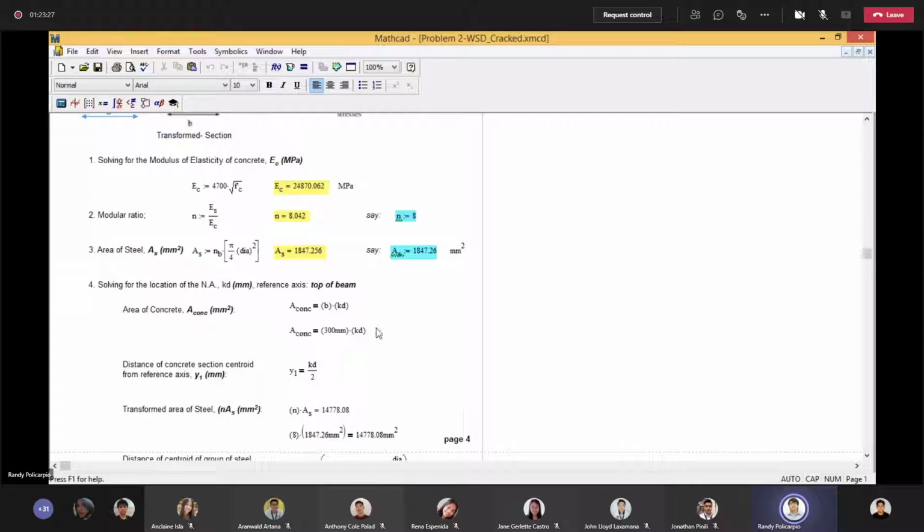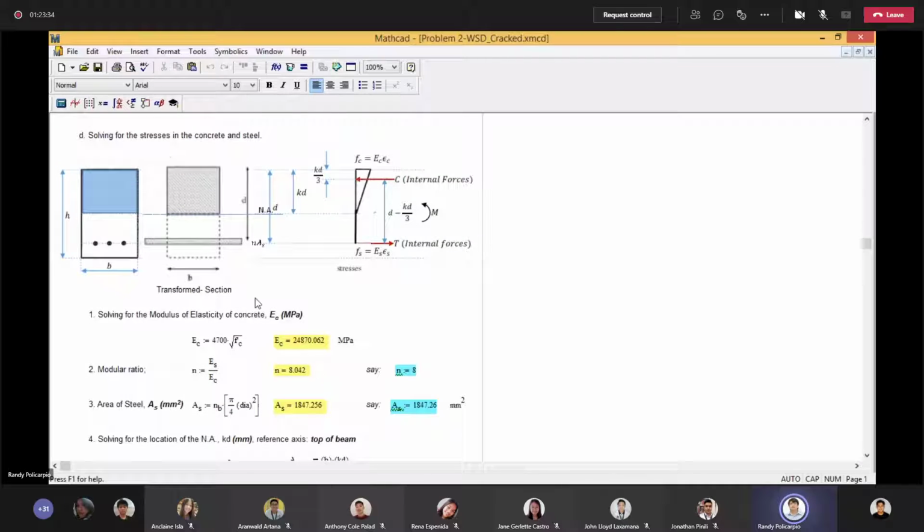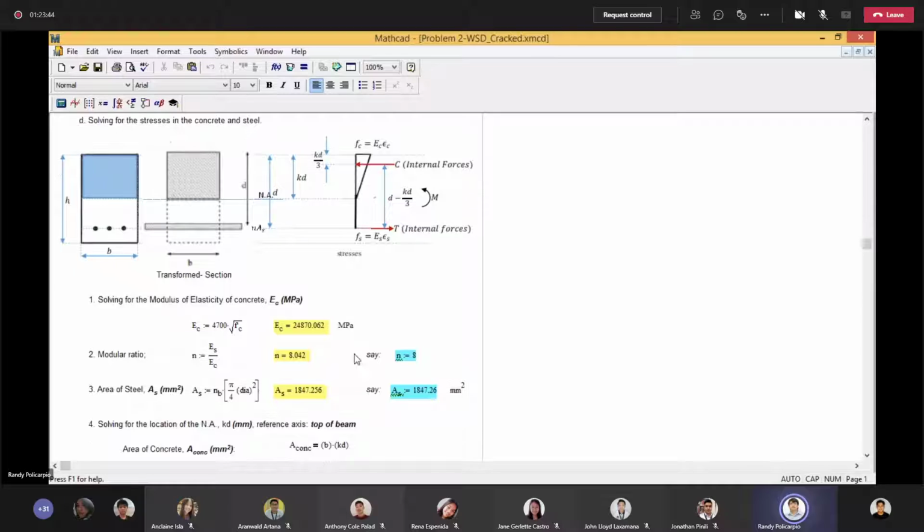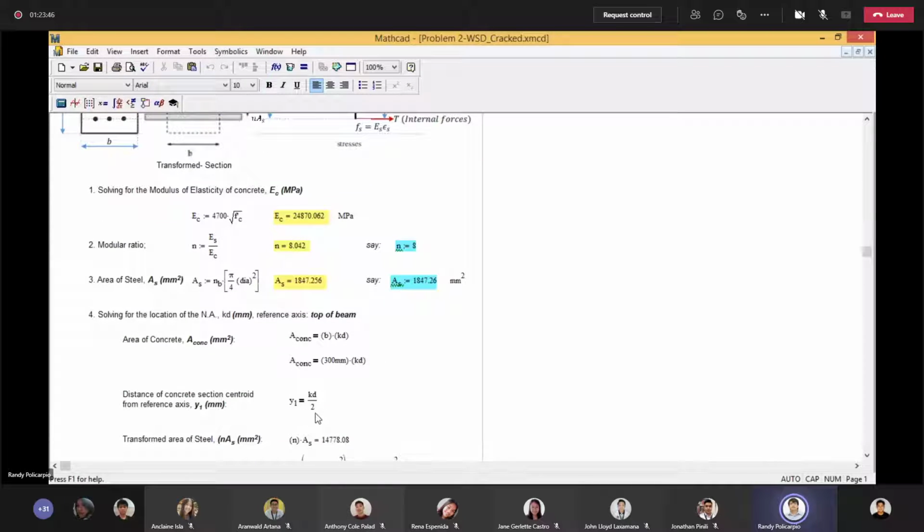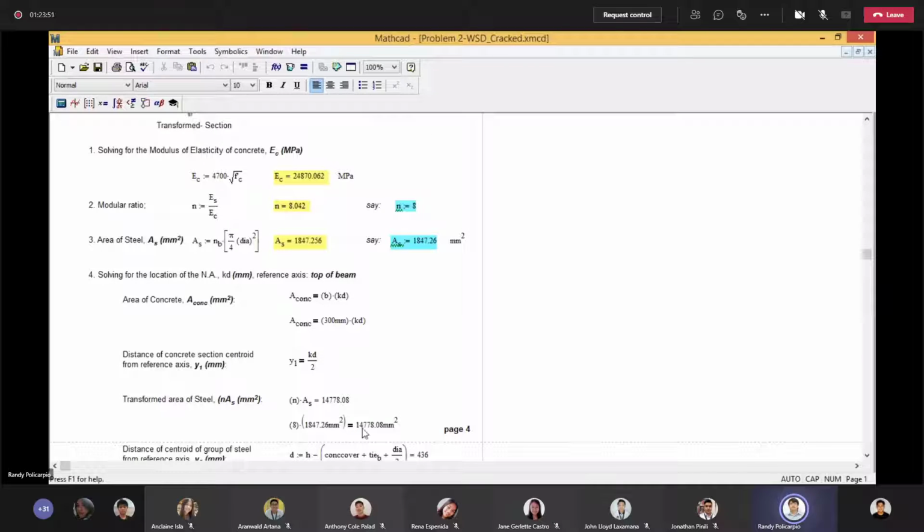This for the area of the concrete, and since ito na lang yung concrete na i-consider natin, so yung centroid nito will be 1/2 of KD. Yun yung magiging Y1 natin. Ayan. KD over 2. Then for the steel, NAS na lang, hindi na N minus 1.